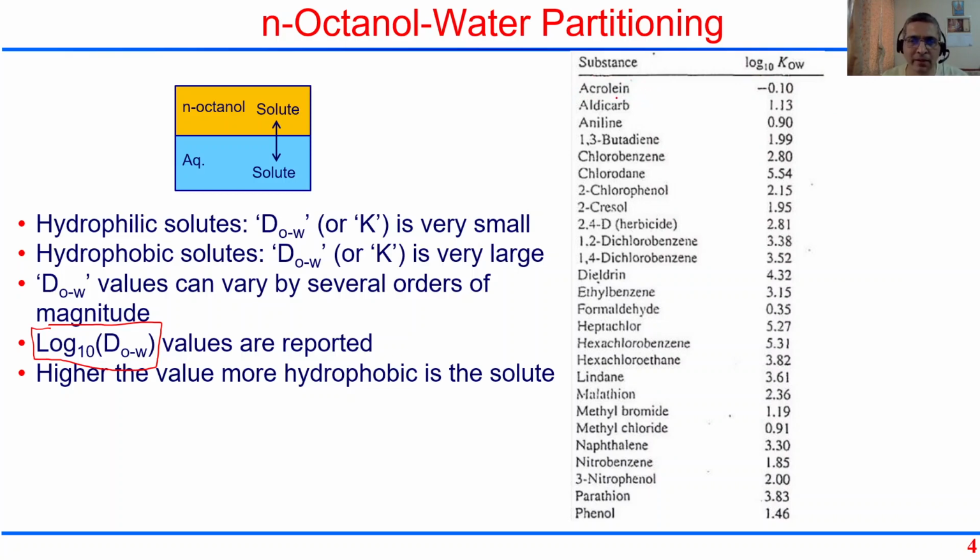Now, you might have heard in the news or read in the newspapers that there is a big hue and cry about pesticides being present in water. Some of these compounds are pesticides that are commonly used in farms.